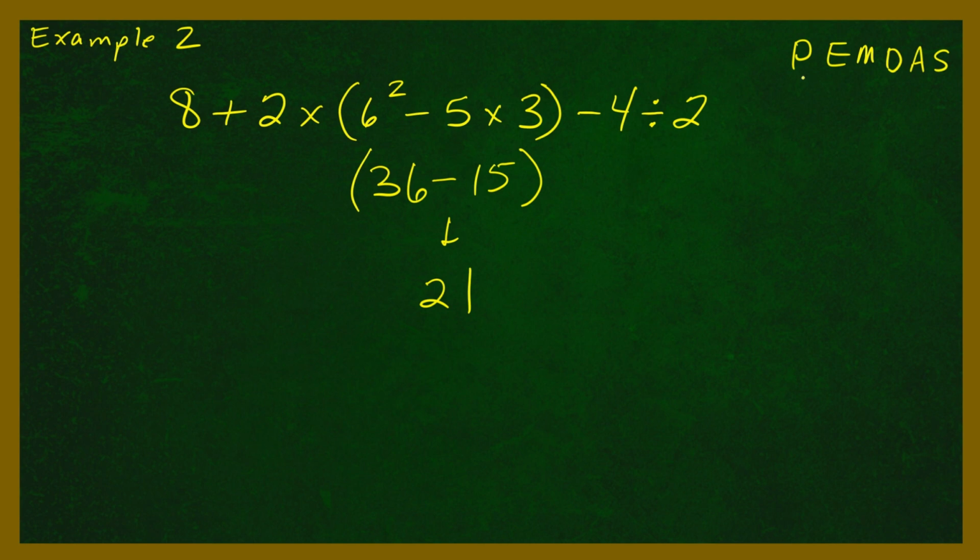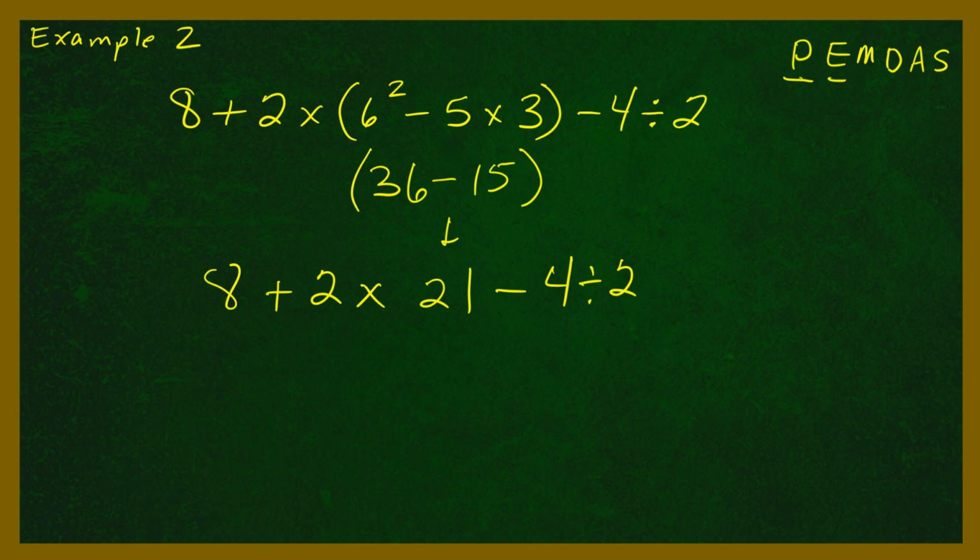Okay, so now that we've worked all of our parentheses, let's just bring the remainder of the problem on down. Let's get it in line. So 8 plus 2 times 21 minus 4 divided by 2.